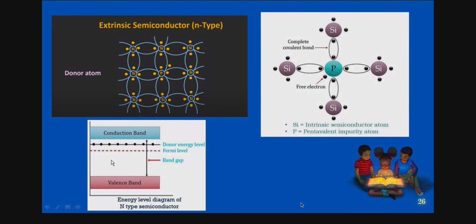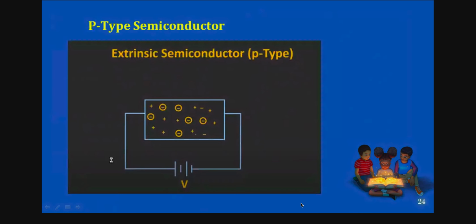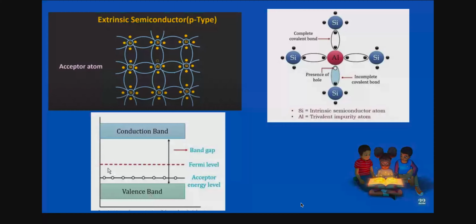In the previous case, the Fermi level was very close to the top level of the valence band. That is the difference. But in an intrinsic semiconductor, the Fermi level will be exactly midway, isn't it?